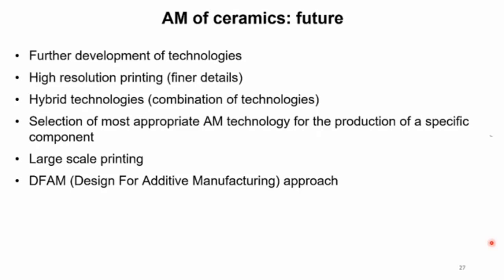And so the field is continuously developing. There is interest in increasing the resolution. I haven't mentioned some technologies like two-photon polymerization that would allow you to have a sub-micron resolution. Combination to simultaneously enhance a combination of properties is really a good way of exploiting the potential of additive manufacturing.